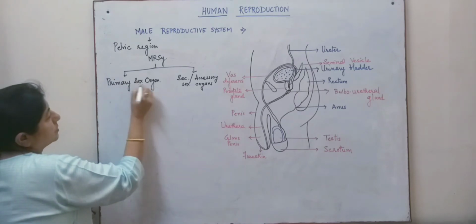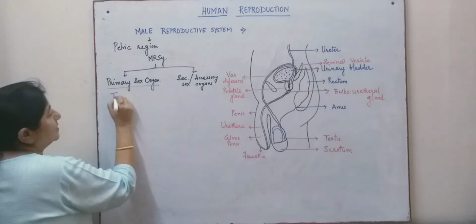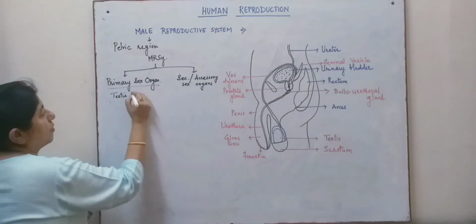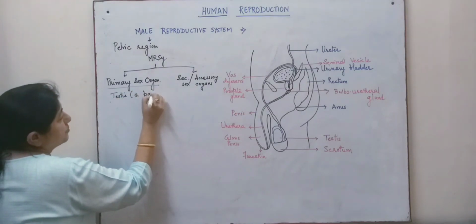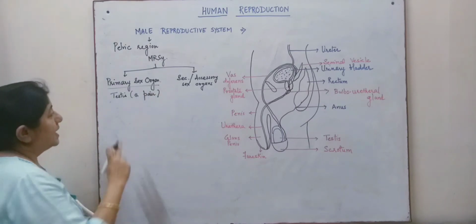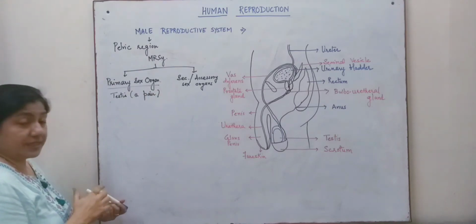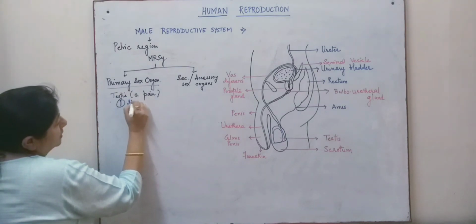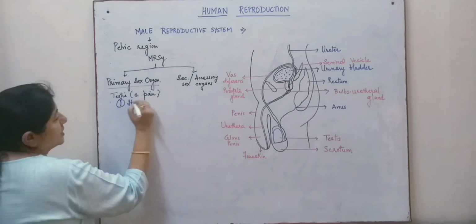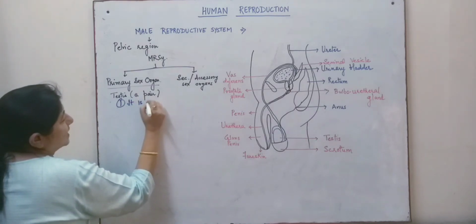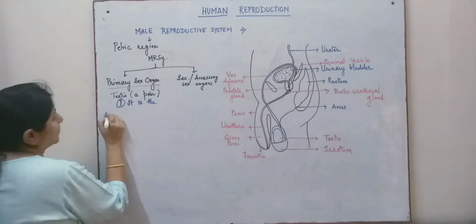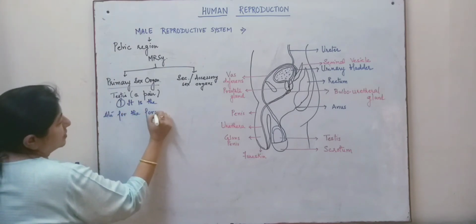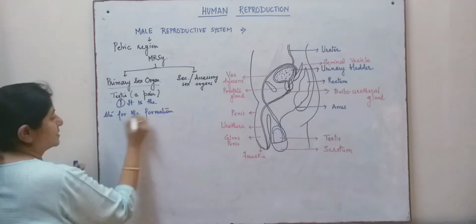Now let us talk about the primary sex organ. It is the testes. There is a pair of testes present in the male, and the function of the testis is, first, the formation of the gamete, or we can write it is the site for the formation of gametes.